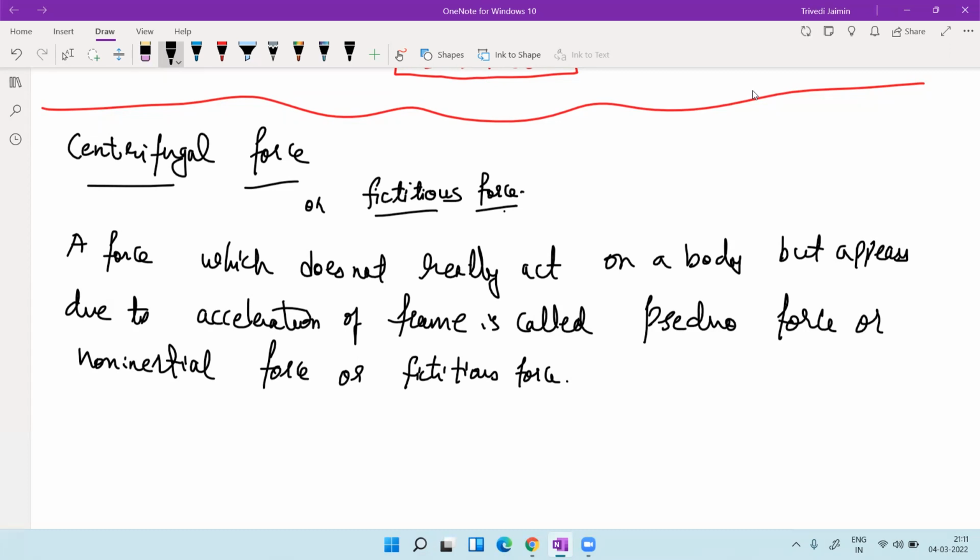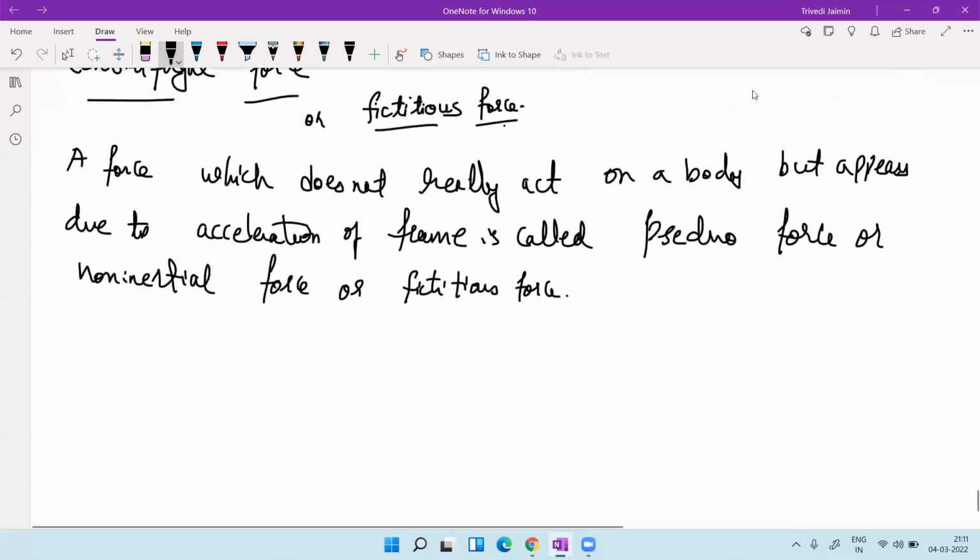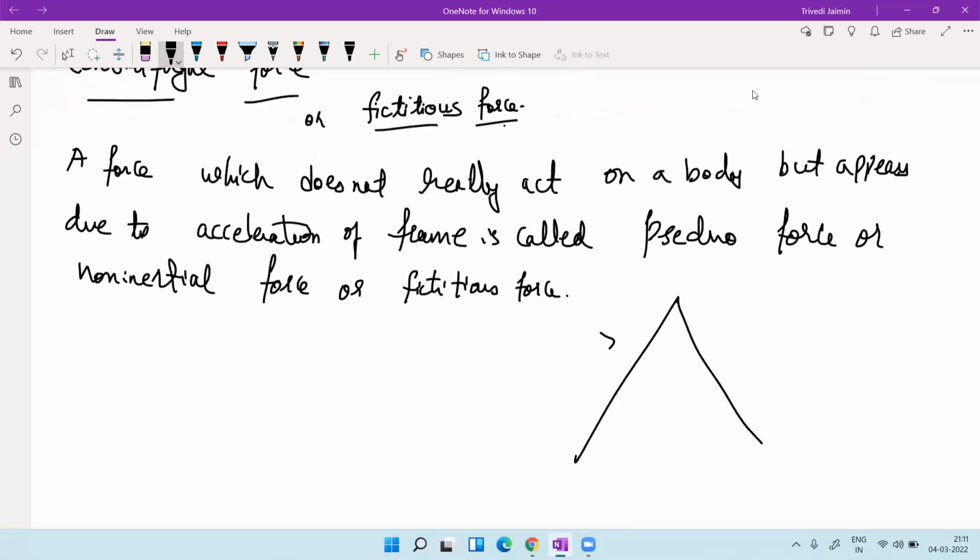Now, if I give you an example, when we are sitting in a bus and that bus is moving around a hill, any mountain. Let's take the example of Tirupati mountain. Let me draw this. So how will the bus move? It will climb like this, right? When it is turning, actually we are not exerting any force. The bus is exerting.